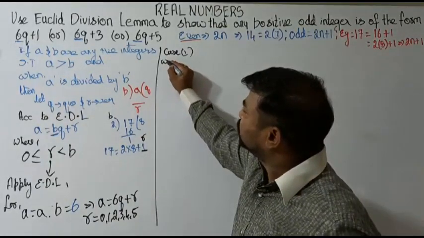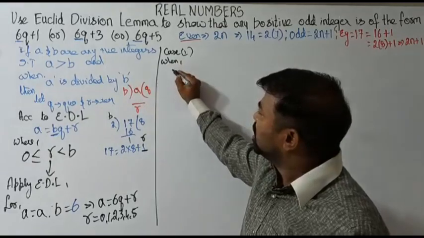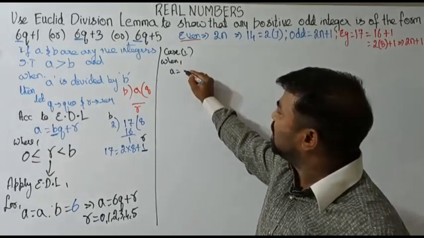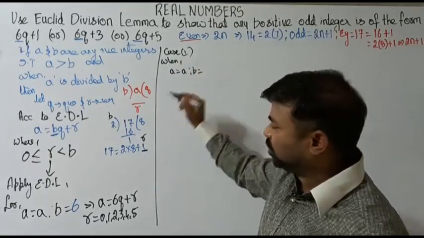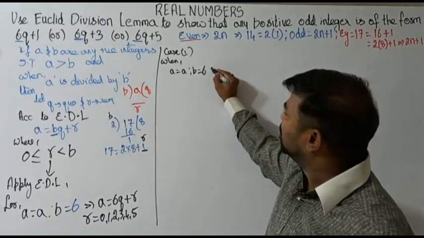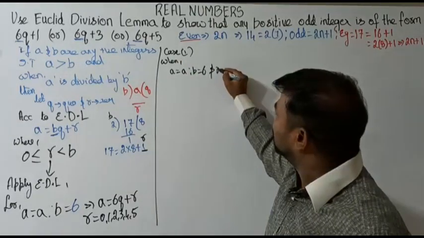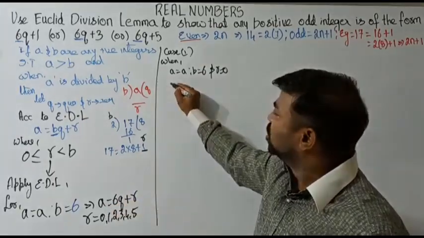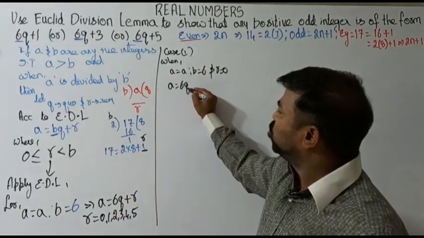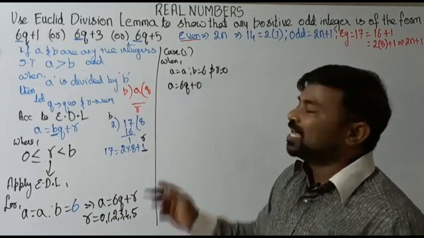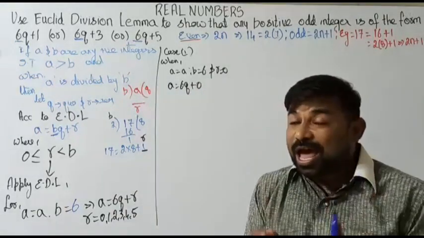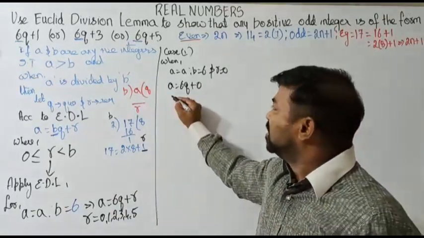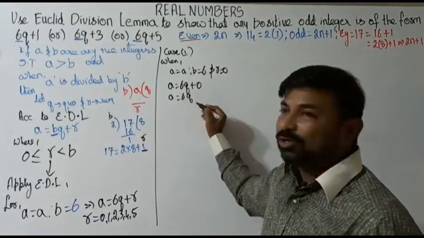Case 1: when a is equal to a, b is equal to 6, and the remainder we are taking is equal to 0. Now let's apply that. So a is equal to 6q plus, in the place of r, 0. Now what kind of number is this? Can I write it as a is equal to 6q? Yes.